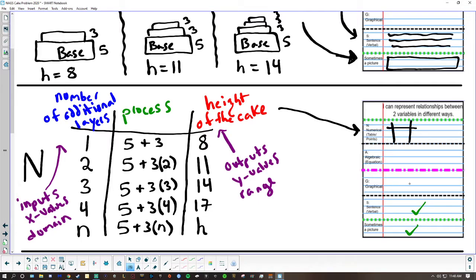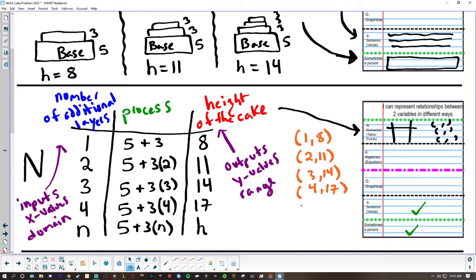We also need to make our points. So under n as well, we need to put in all of our points that we created. So let's look. We said 1, 8. We have 1, 8, 2, 11, 3, 14, 4, 17.